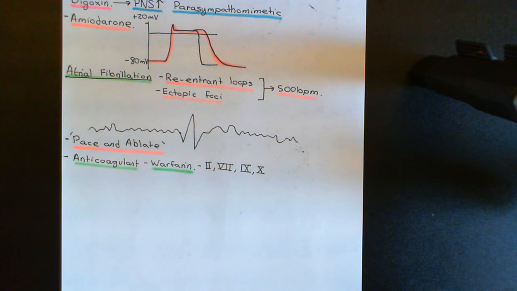Okay, and every time you produce one of these gamma-carboxyglutamic acid residues in one of these coagulation factors, you turn the vitamin K in the reduced form into vitamin K in the oxidized form, and to prevent you running out of vitamin K in the reduced form, you have to continuously convert the oxidized vitamin K back into the reduced form, and that's carried out by an enzyme known as vitamin K oxide reductase, and warfarin works by inhibiting that enzyme.